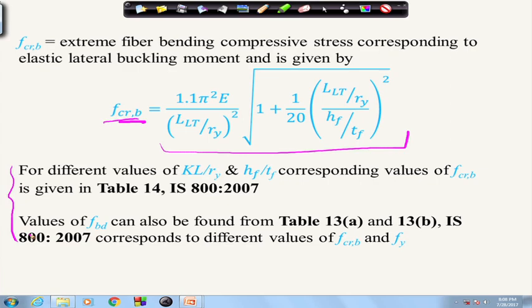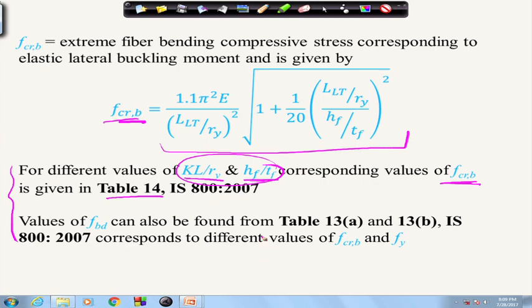We can find out the value of KL by ry and hf by tf. So, once we find the KL by ry and hf by tf, we can find out the value of FCRB, which is given in table 14. So, in table 14 corresponding to this value, we can find out the extreme fiber bending compressive stress FCRB.